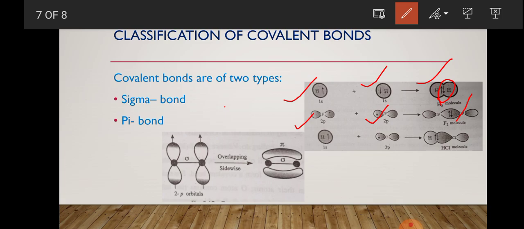Here, the s orbital of hydrogen overlaps head to head with the p orbital of chlorine and forms the hydrogen chloride molecule.